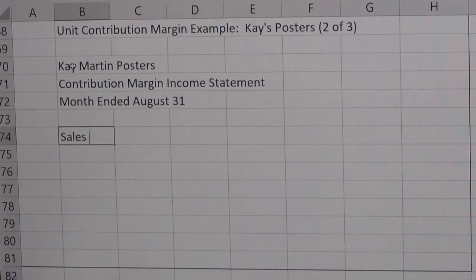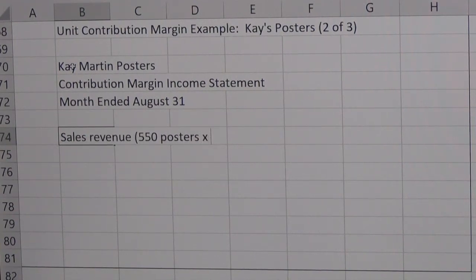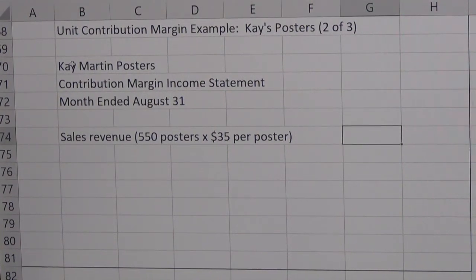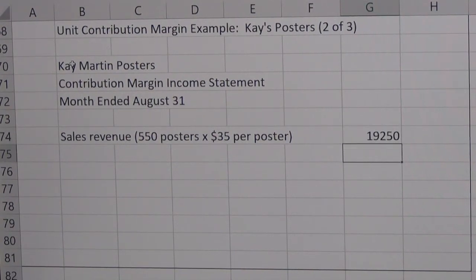So we'll start with sales revenue: 550 posters multiplied by $35 per poster gives us a total of $19,250.